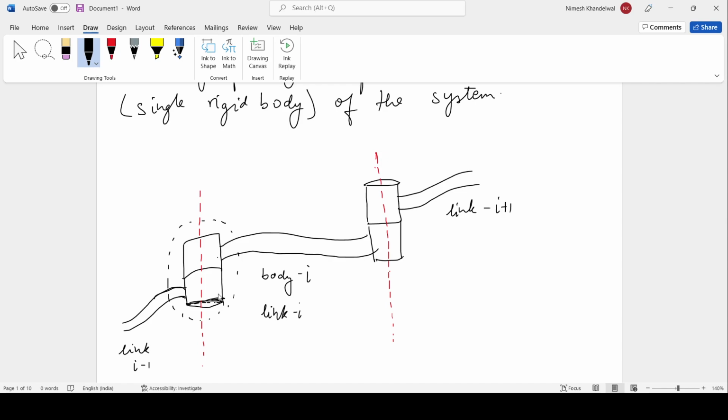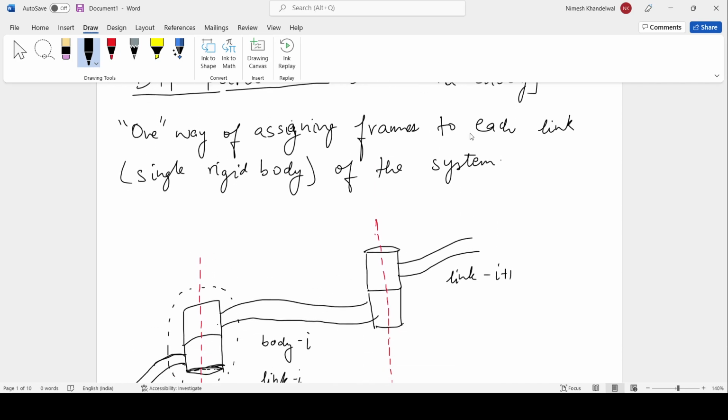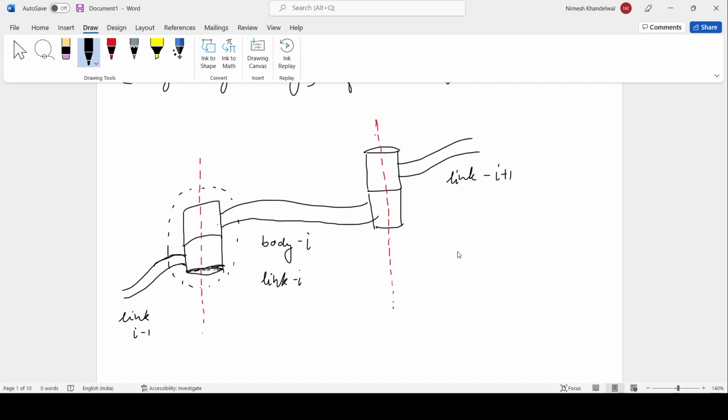Now comes the actual difference in the different DH conventions that are out there. There are multiple DH conventions. The one that we are using is also described in the book Introduction to Robotics by J. Craig.